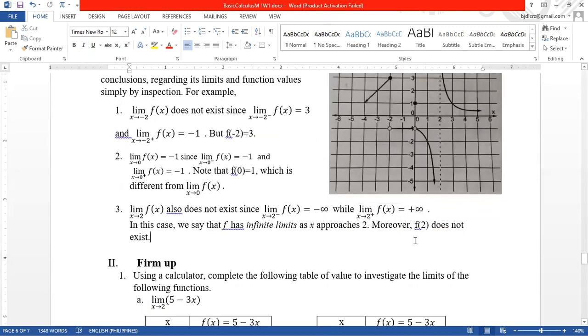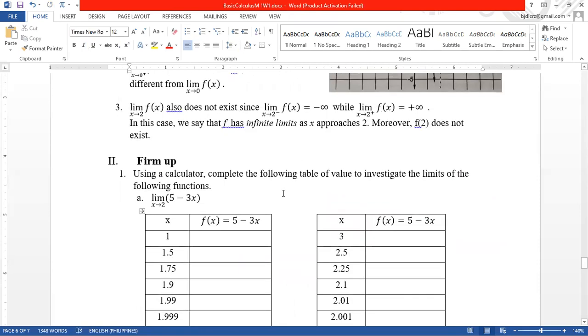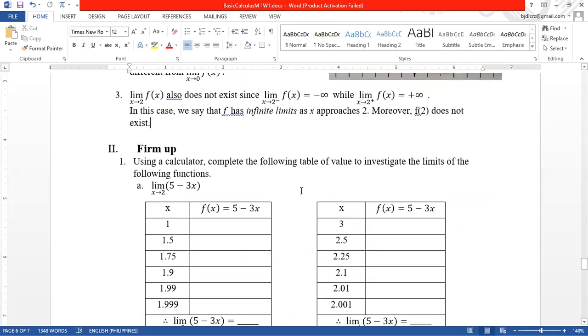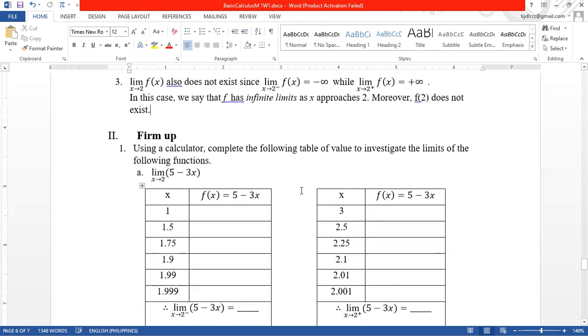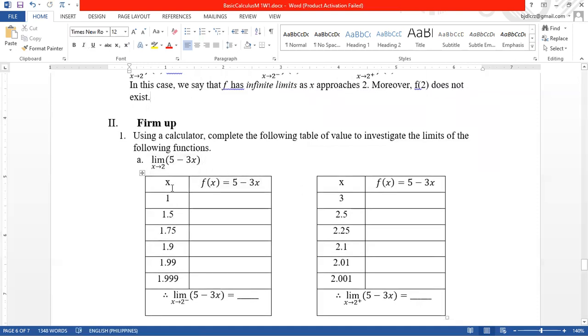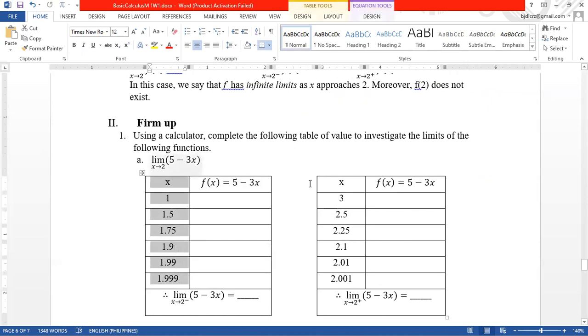So for your firm up, you're going to use your calculator, complete the following table of values to investigate the limits of the following function. So gihatag na nako ninyo ang inyong x. Substitute lang ninyo ang value diri, then i-observe ninyo unsa ang iyahang from the left and from the right, unsa iyahang limits.